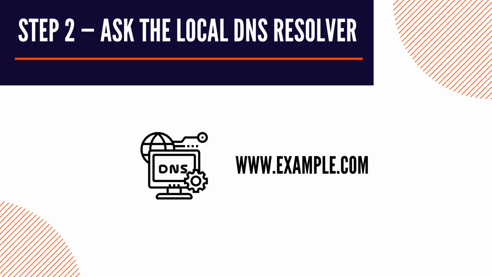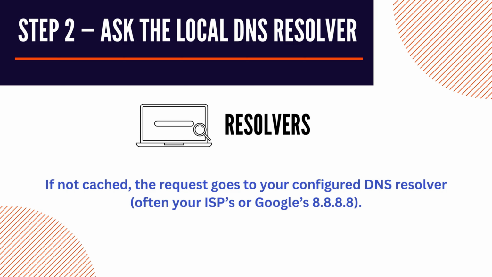Step 2, ask the local DNS resolver. If not cached, the request goes to your configured DNS resolver, often your ISP's or Google's 8.8.8.8. This resolver is like your personal librarian. It promises to fetch the answer, no matter how many other librarians it has to ask.